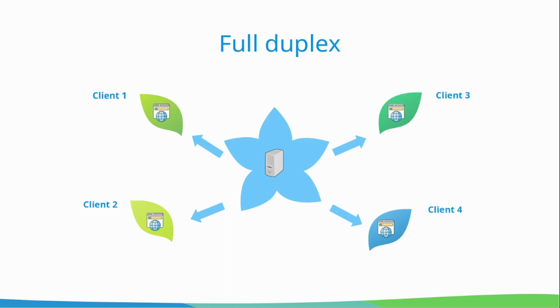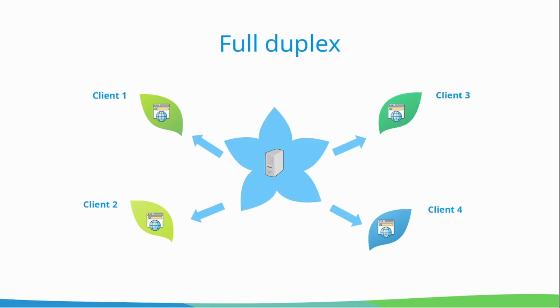For example, we are going to chat with our friend. This client is me and client 3 is my friend. Okay, so I am going to make a connection through the server with my friend. We are both sending messages to one another.